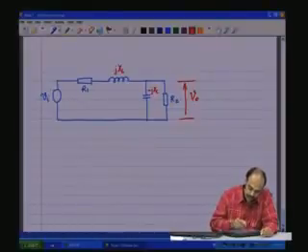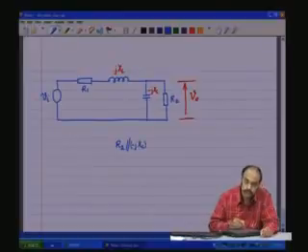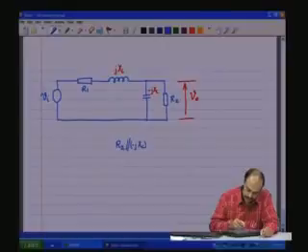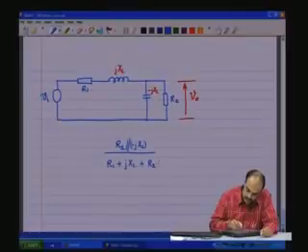So, we have, in simple terms like what you would do for a resistance, R2 parallel minus jXC divided by R1 plus jXL plus R2 parallel minus jXC.